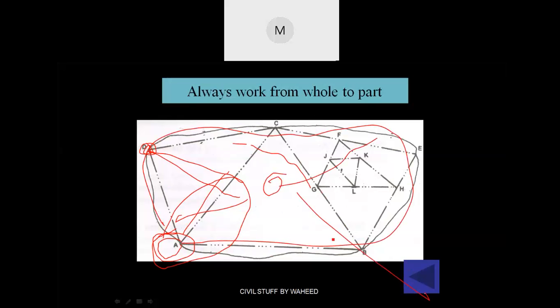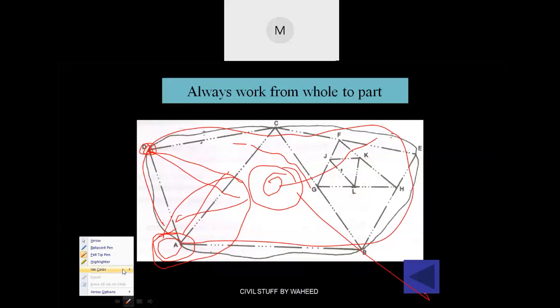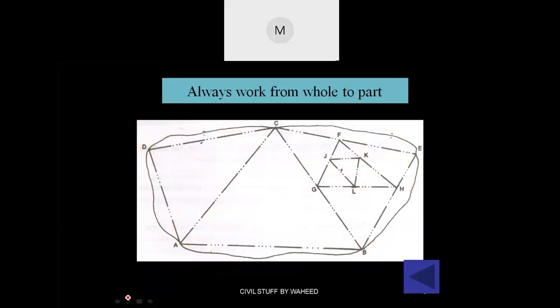Whereas if I start from part to whole, if any mistake occurs here, I have to repeat the survey. So that is the principle of surveying, that always work from whole to part, but not part to whole. This is the main concept.